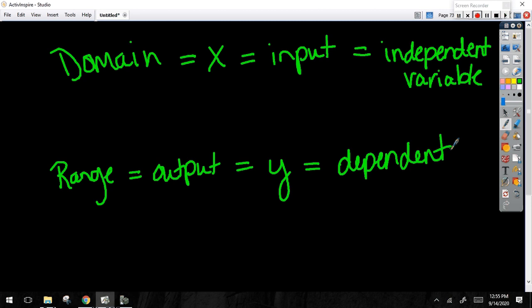So I got two variables. What are my two variables? What's changing each time as I go? The amount of money and the number of tickets. Which one is the independent and which one is dependent?